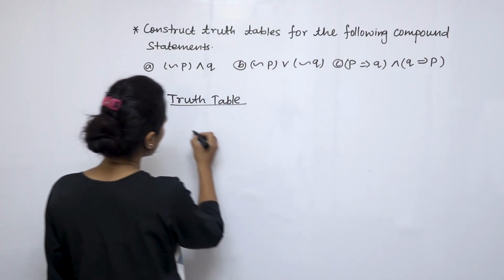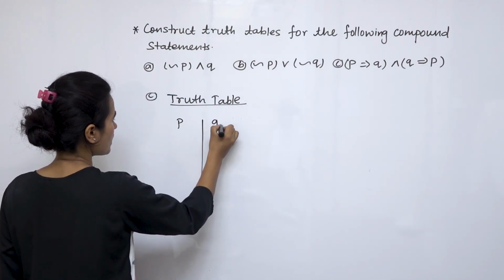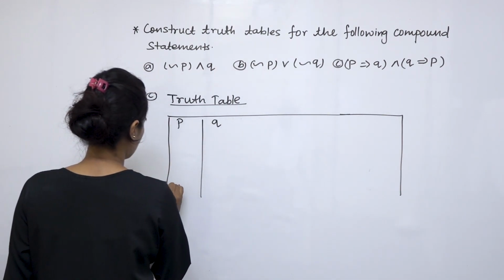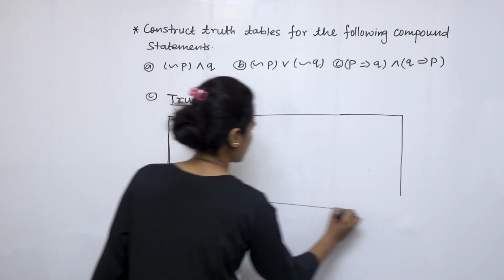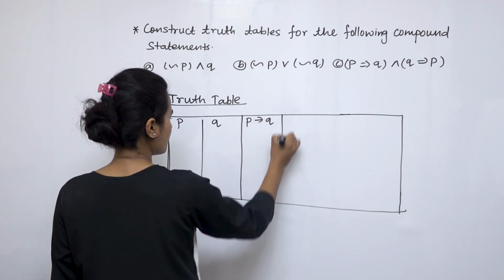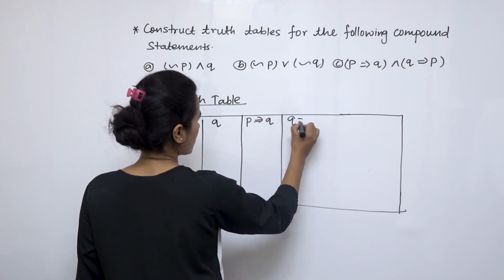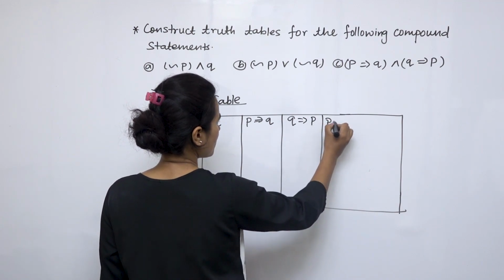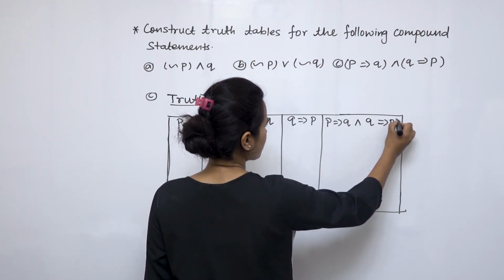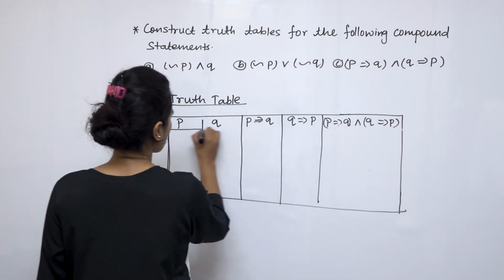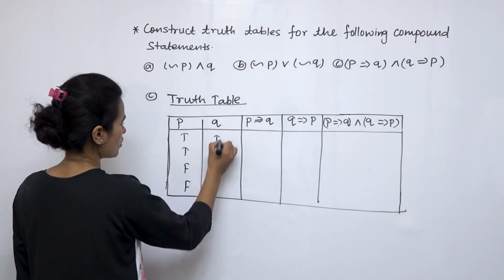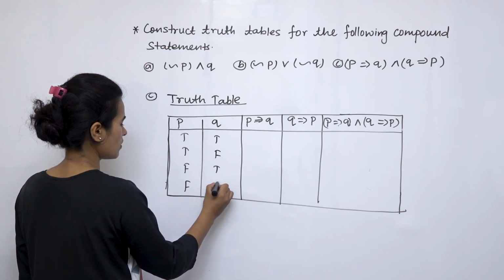P then Q and Q then P. The truth table is P, Q, P then Q, Q then P, and at the end P then Q and Q then P. So true, true, false, false, true, false, true, false.